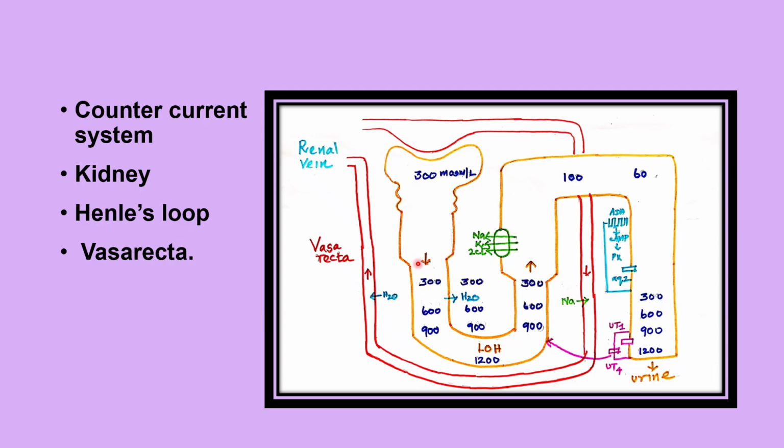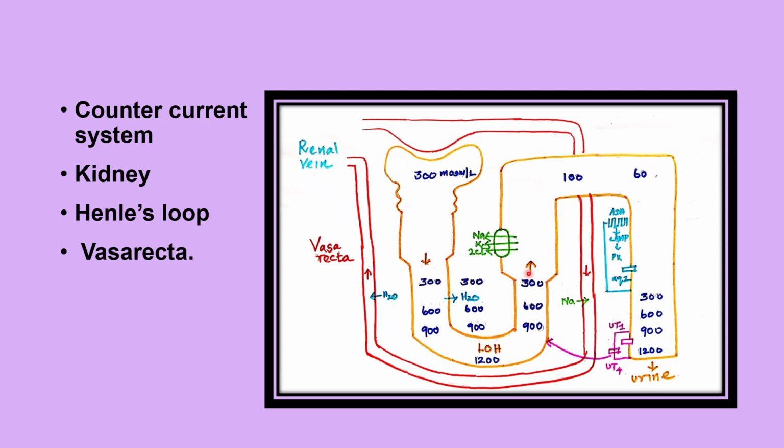In the nephron, this is the loop of Henle. The loop of Henle acts as a countercurrent multiplier or countercurrent generator. So it is important for the concentration and dilution of the urine.